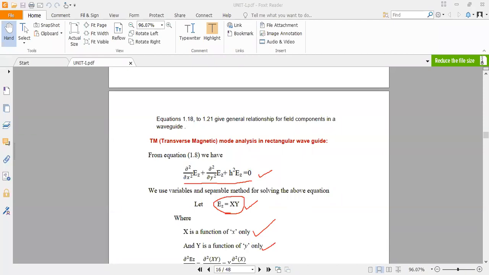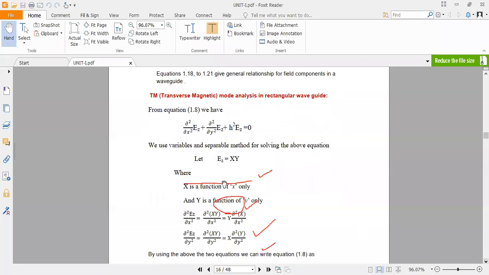What is the expression we got? Just go back and see what expression we derived yesterday. Instead of Ez, substitute X into Y. Already we have written that capital X is a function of small x only and capital Y is a function of small y only.